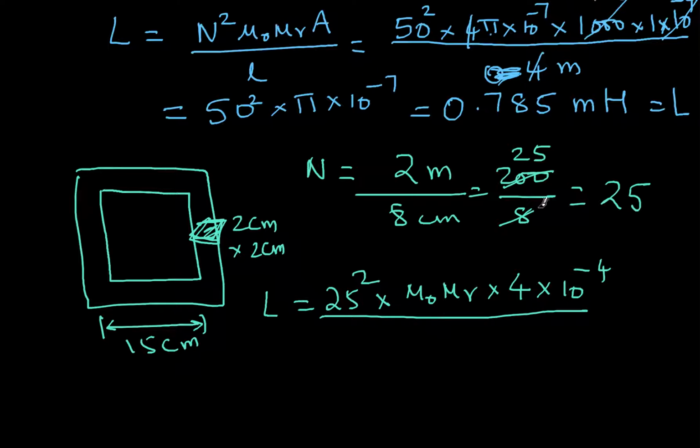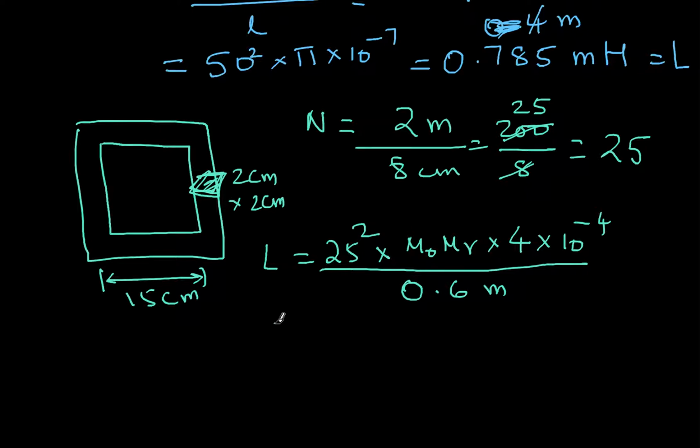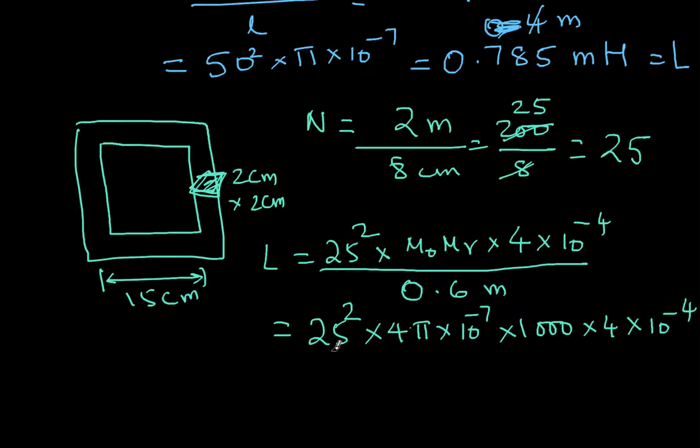The total length is now 15 into 4, so that is 60 centimeters or 0.6 meters. Let's substitute the numbers and simplify this. So 25 square multiplied by 4 pi into 10 power minus 7 into 1000 into 4 into 10 power minus 4, all divided by 0.6.